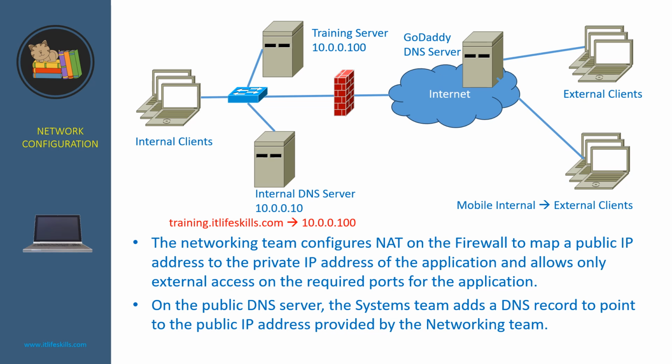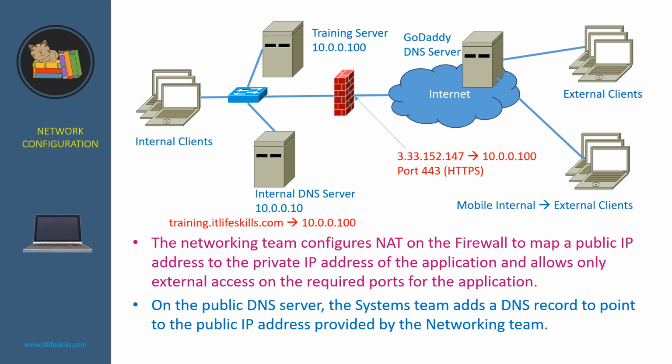To allow external access to an internal application, the networking team configures NAT on the firewall to map a public IP address to a private IP address of the application and allows only external access on the required ports for the application.